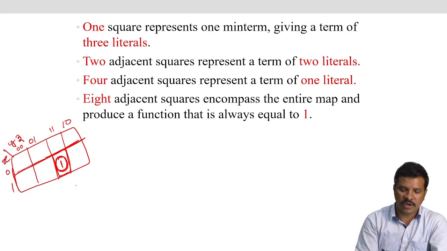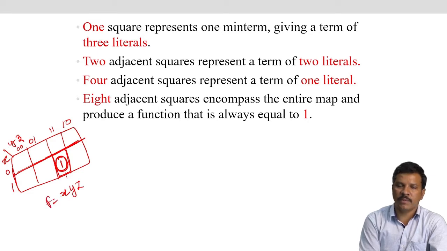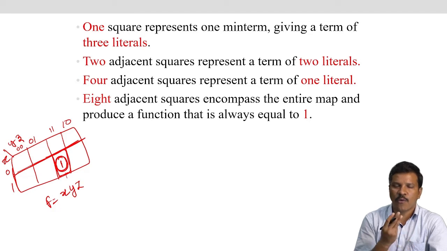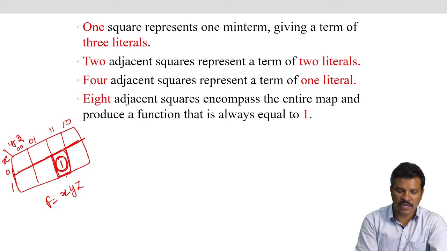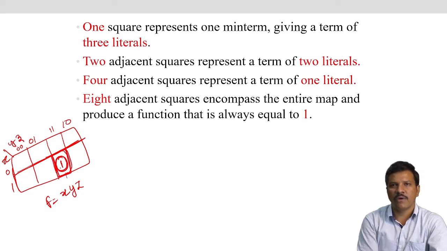It is a 3 variable function. We can have x in the x direction second row, and third column, x y z is the function. There will be no minimization. Whenever it is a 3 variable function, we can have only one circle, one square box, no minimization. We will get 3 literals only.